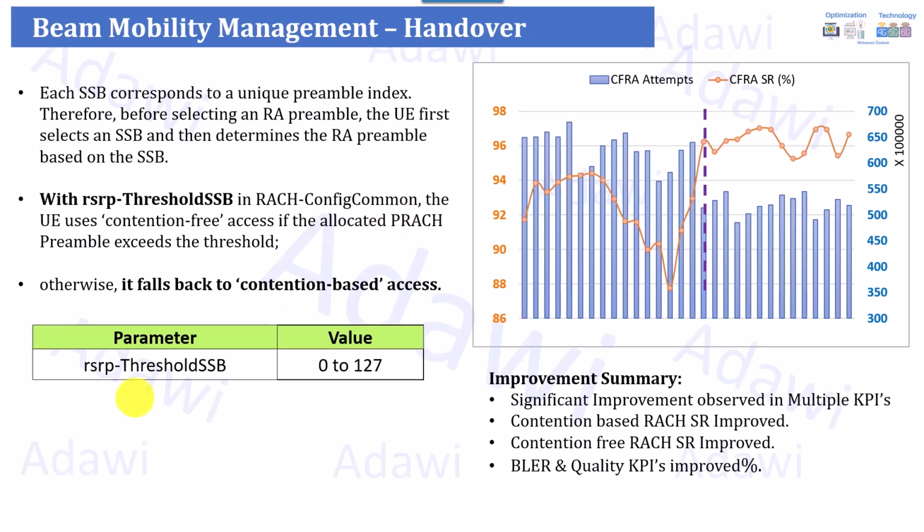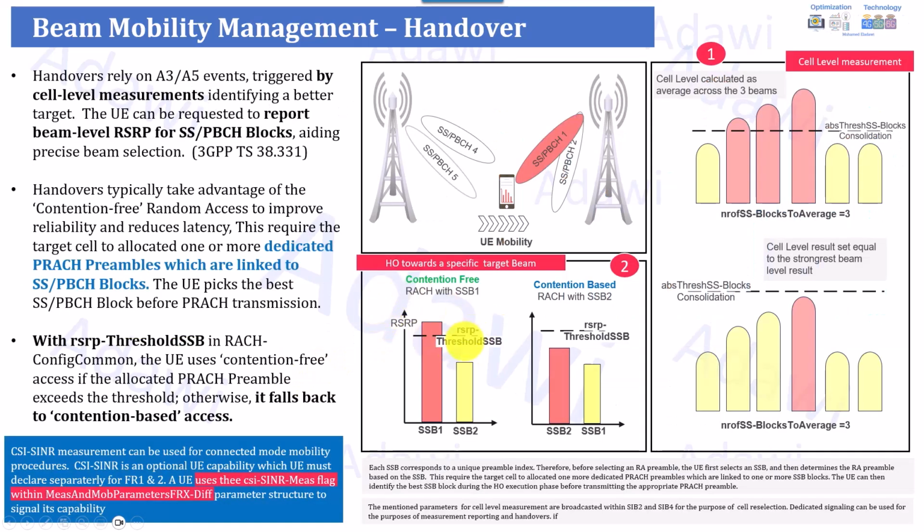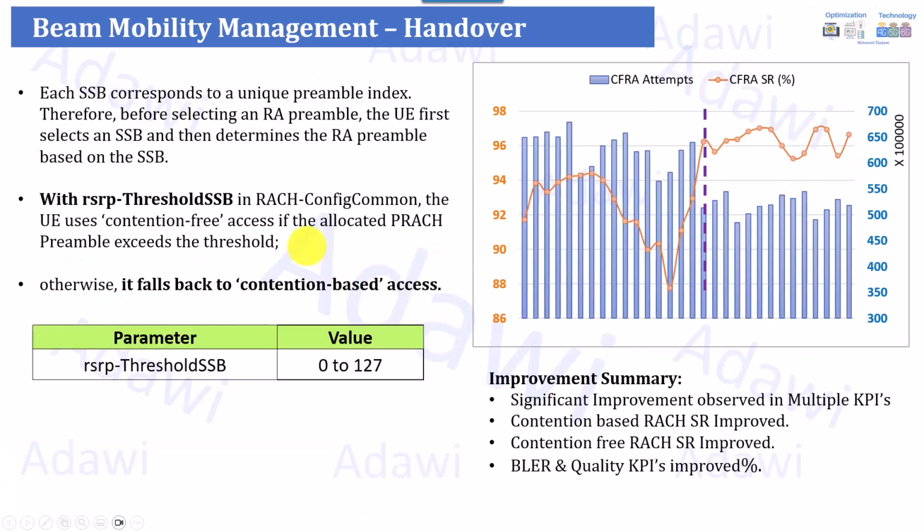For example, I highlighted this RSRP Threshold SSB, right? Which is what decides here whether contention-based or contention-free is going to be used during the handover execution phase or during the handover in general, right? So this parameter, for example, here are the values where you have it, 3GPP values.